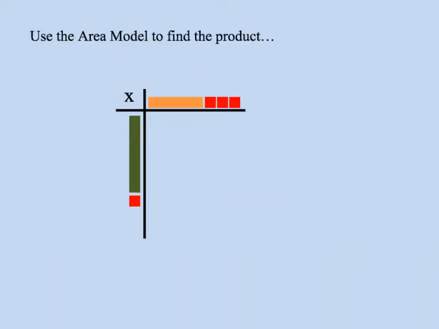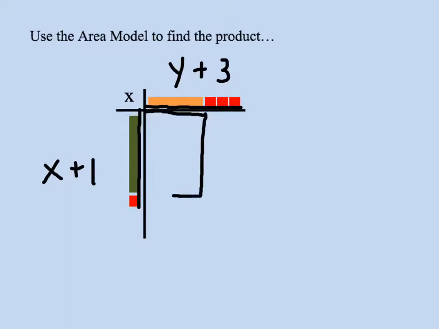Let's use the area model now to find the product of these two binomials. We have x plus 1 multiplied by y plus 3. Looking at the vertical length and the horizontal width, we can determine which tiles would fill this area. The tile that would fill x long and y wide, what tile is that?